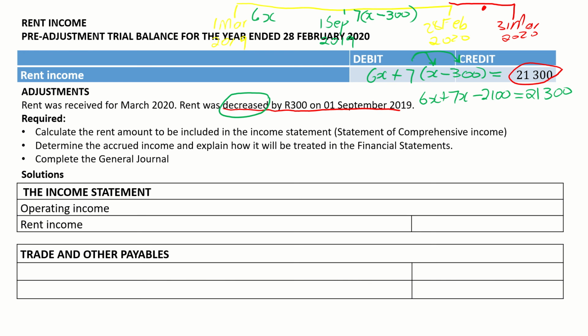On the left-hand side, you will be left with 13x equals 21,300 plus 2,100, that will be 23,400. So we have 13x equals 23,400. Divide that by 13, it will give you x is equal to 1,800.